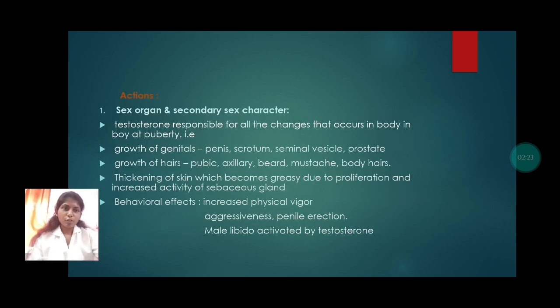So, what are the actions of androgens? First, they act on the sex organs and secondary sexual characters. Testosterone is responsible for all the changes that occur in the body of boys at puberty, that is, growth of genitals like the penis, scrotum, seminal vesicle and prostate, growth of hair in the pubic and axillary regions and the body hair, thickening of the skin which becomes greasy due to proliferation and increased activity of sebaceous glands.